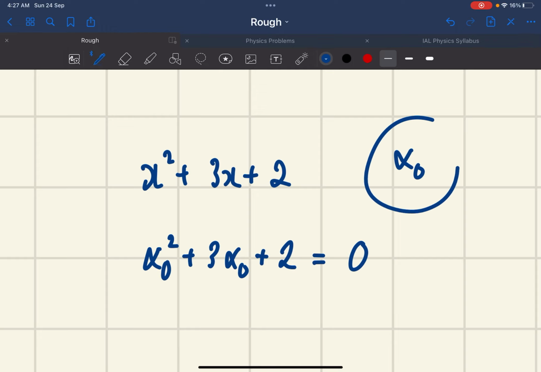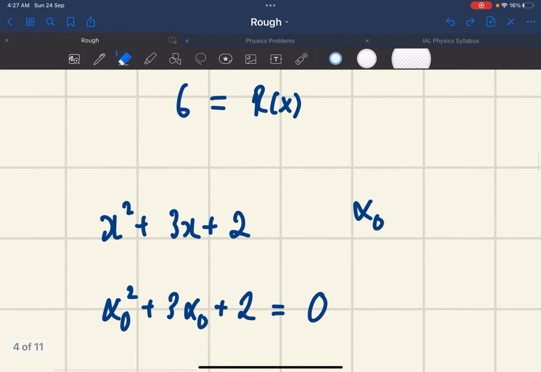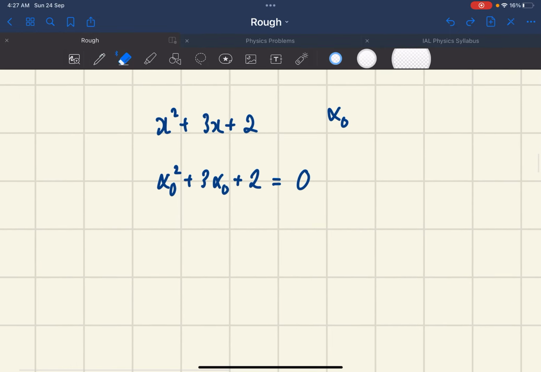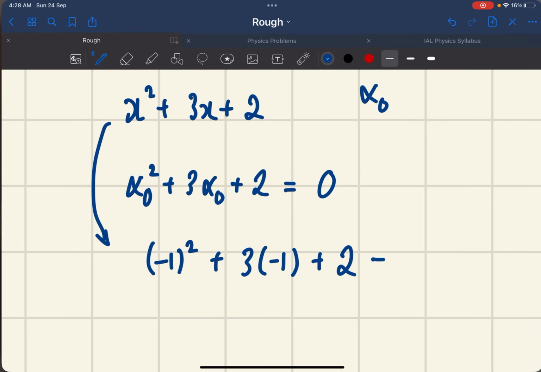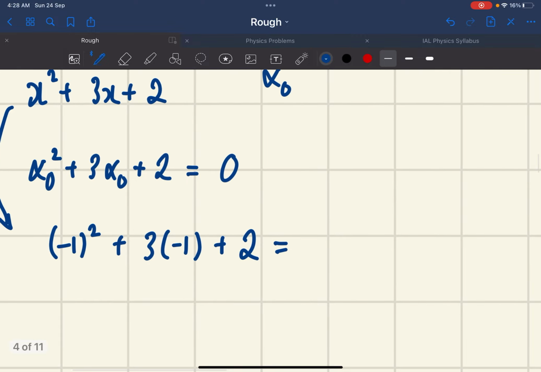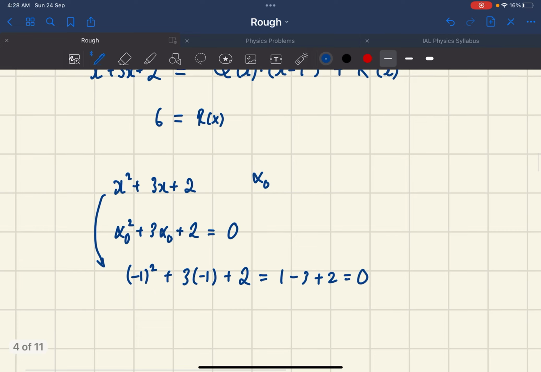It makes this expression 0. An example for this particular polynomial would be minus 1. Minus 1 squared is 1, minus 3 plus 2 is 0, right?